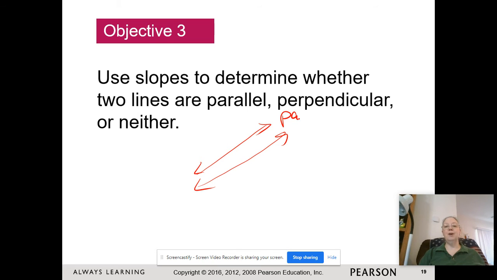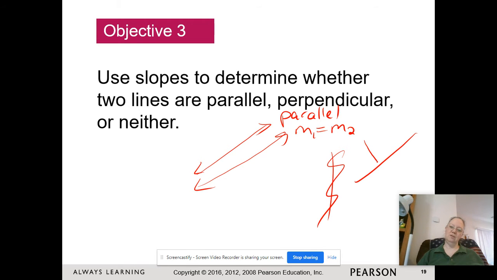What we know is that the slope of the first one has to equal the slope of the second one because they tilt exactly the same.